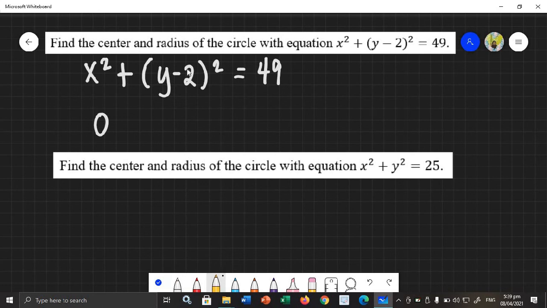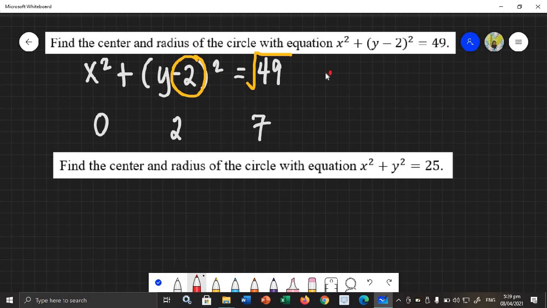Okay? And then, dito naman sa pangalawang term, we have negative 2 as the value of our k. So, get the reverse sign of negative 2, it will become positive. Then lastly, dun sa radius, kunin natin yung square root niya. Square root ng 49 is 7.